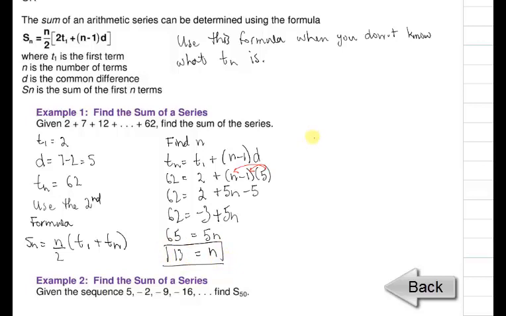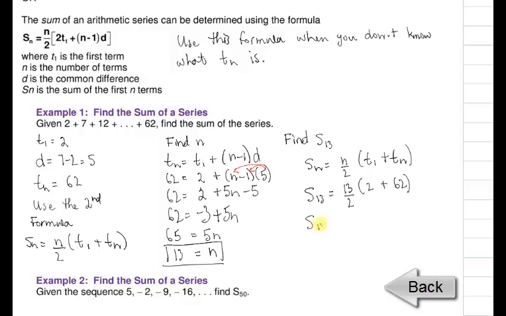Okay, now I can find my sum. I want the sum of this series. Now, because I know that there are 13 terms, I'm looking for S13. Okay, so my formula is S subscript n equals n over 2 times (t1 plus t subscript n). And so I'm looking for S13. n is 13. t1 is 2. t subscript n is 62.